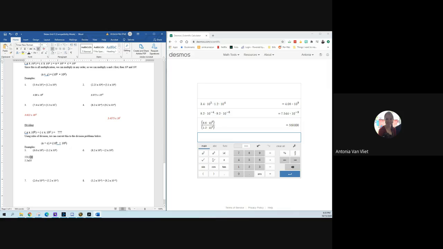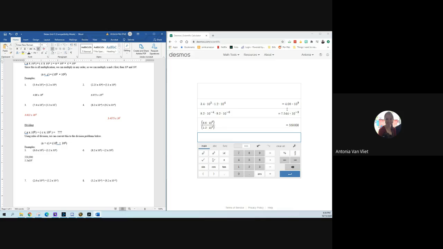So 1, 2, 3, 4, 5. So raised to the 5th power in order to get that answer. So sometimes it won't convert it for you if Desmos thinks it's a reasonable answer, but if it thinks it's large enough to warrant being in scientific notation, it'll put it in there for you.